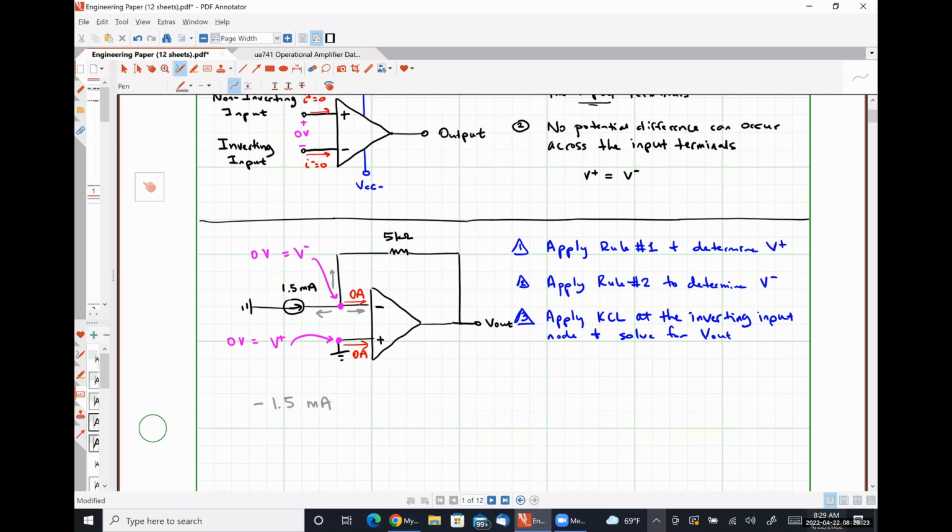So if we were applying nodal analysis, which is effectively what we're doing here, we would be assuming that the voltage drop across the 5 kilo ohm resistor would be positive polarity terminal on the left, negative polarity terminal on the right, because of the direction that the current is flowing. So I would argue that instead it should be V minus, which in this case happens to be 0, minus V out over 5 kilo.